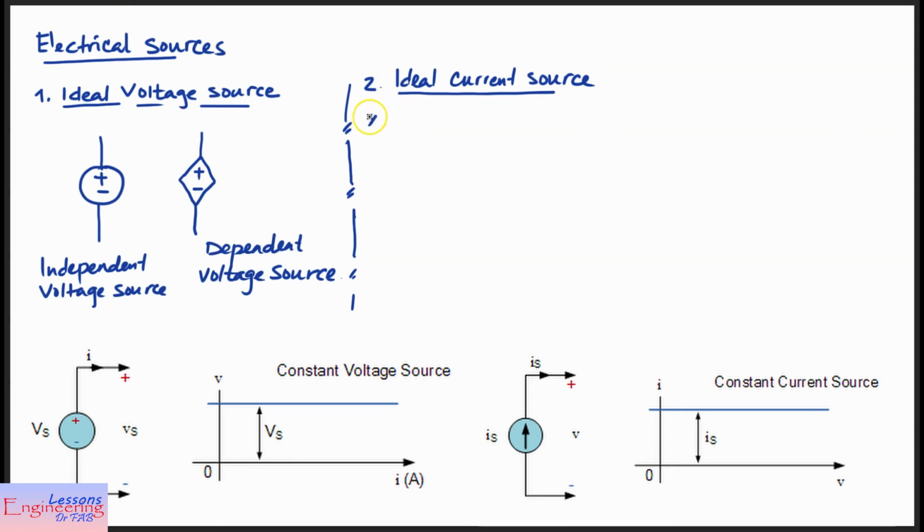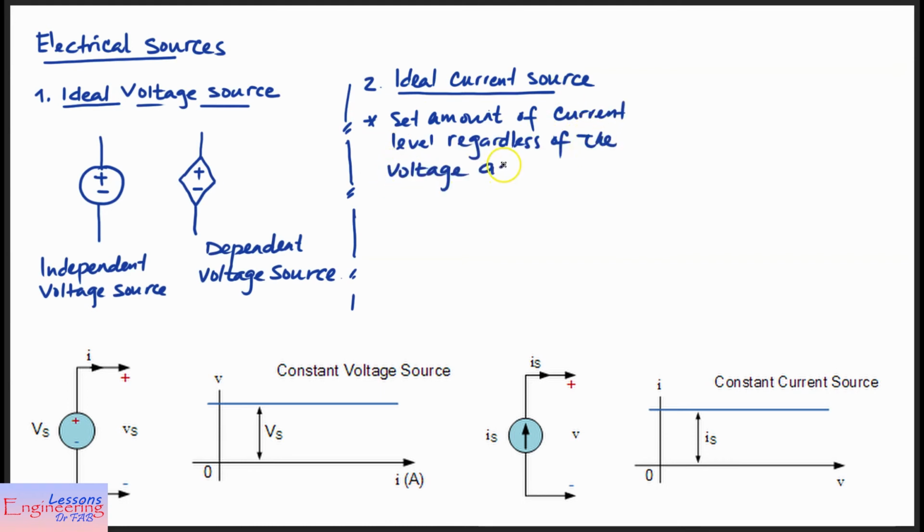So set amount of current level regardless of the voltage across its terminals. Okay, so this is also going to be the same. We have two types of current source, independent current source and dependent current source.